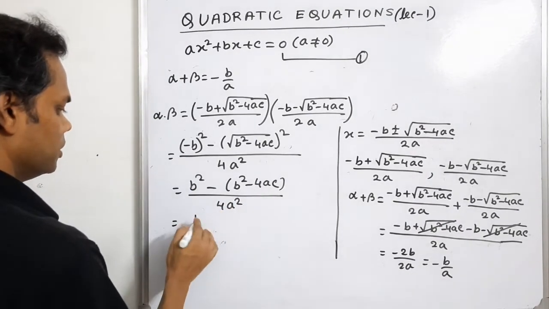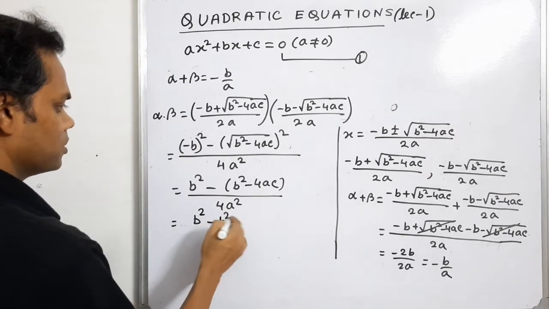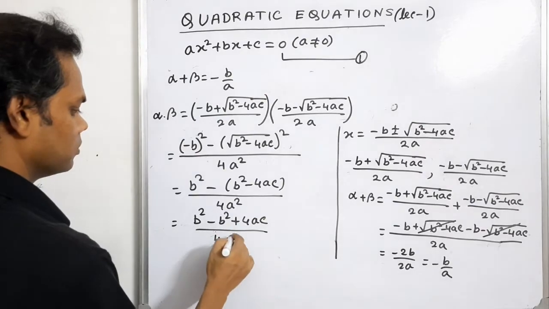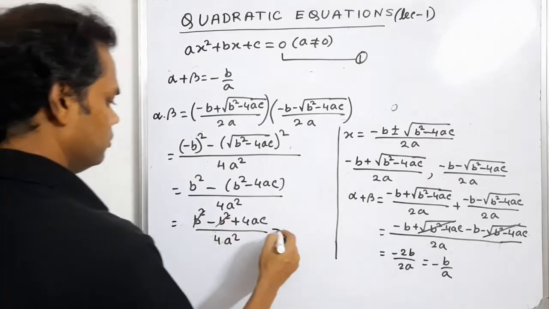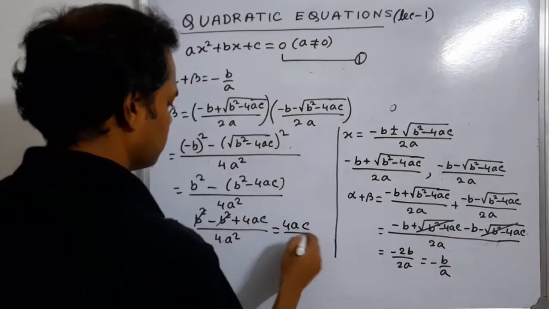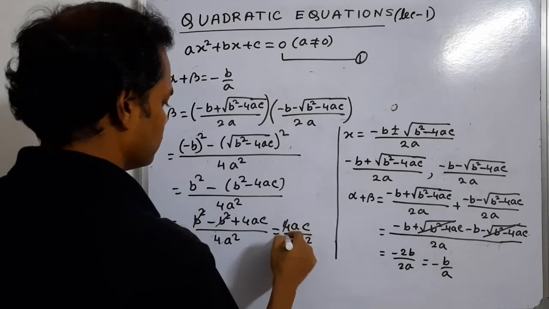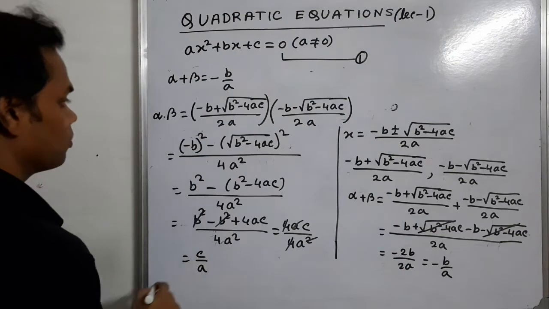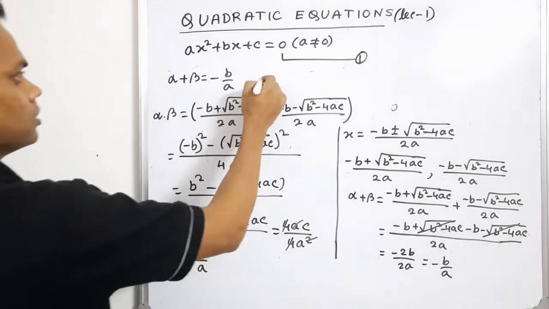So this is b square minus b square plus 4ac by 4a square. By cancellation, a cancels out, and this is c by a. So the product of two roots is c by a.